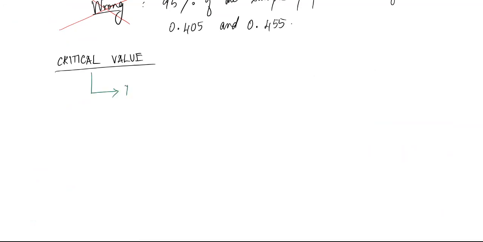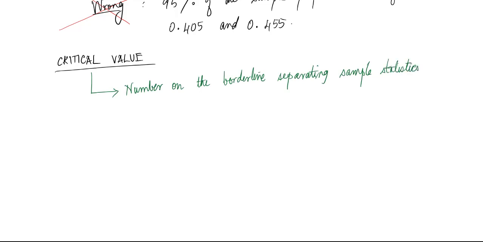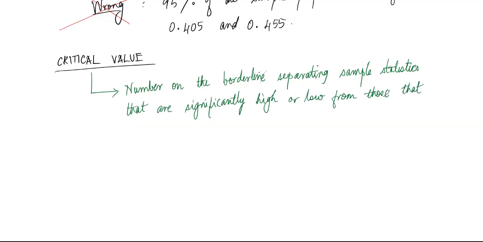So I'll just say it's a number on the borderline separating sample statistics that are significantly high or low, it could be one of these, significantly high or significantly low, from those that are not significant.